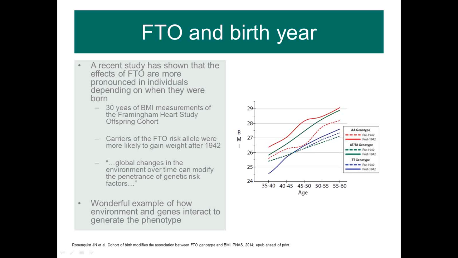What they found was that individuals born after 1942 who also carried the FTO risk allele had the highest BMI compared to other participants. What this shows is a wonderful example of how the environment that an individual resides in can affect how the phenotype is being expressed.